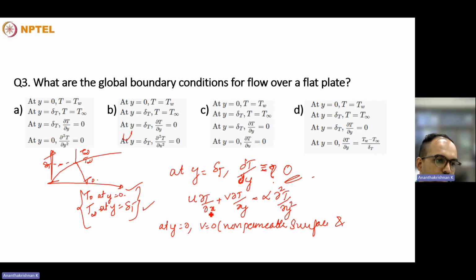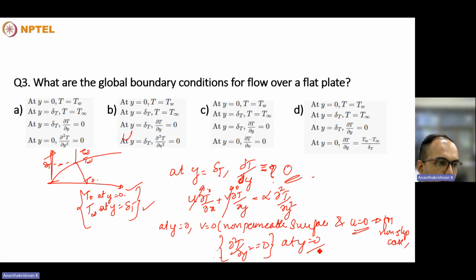And since the no-slip condition is there, we can assume u is equal to 0. Therefore, the left-hand side will be equal to 0, and that implies dou square T divided by dou y squared equal to 0 at y equal to 0. So that will be the fourth boundary condition.